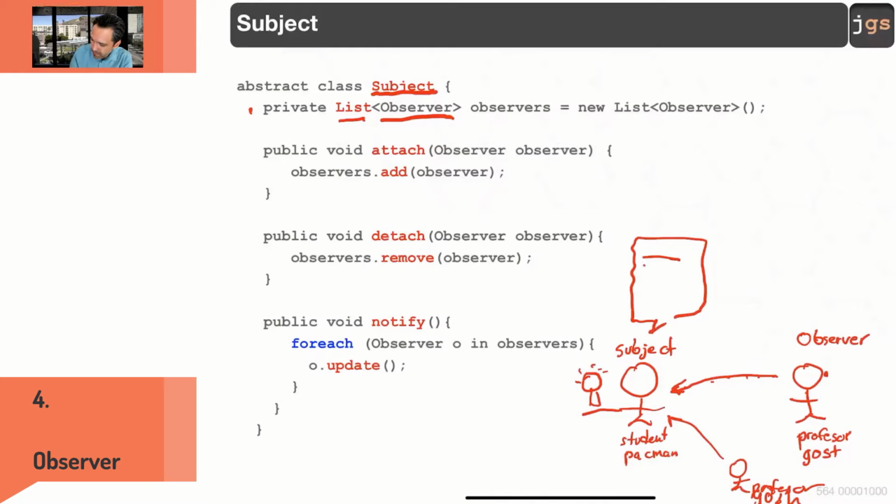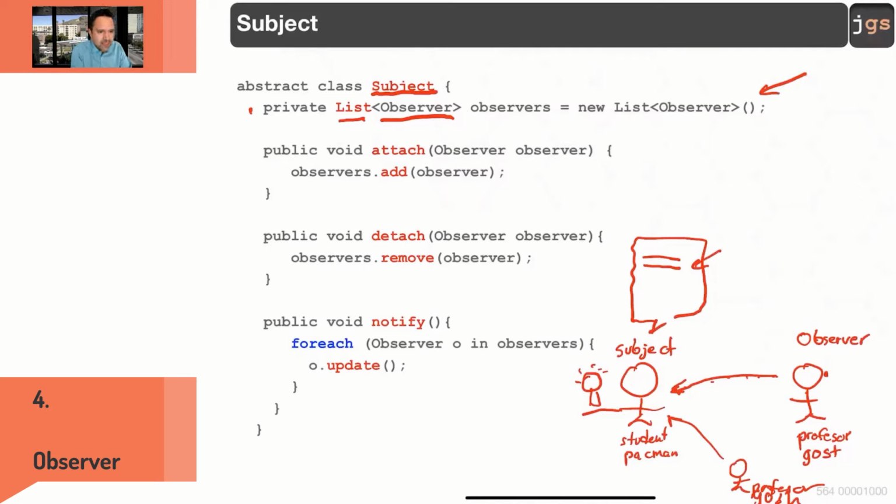This guy needs to remember that they have a second observer, that there are two objects interested in the information that I have. Here, as a subject, I need to remember who is observing me. That information?